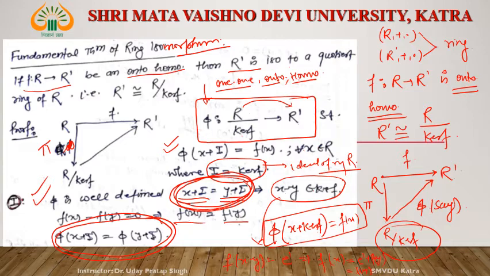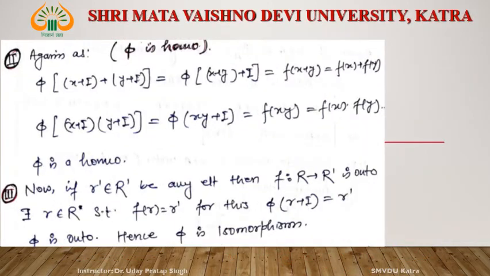Okay. Next, this phi is a homomorphism. What is the definition of homomorphism? Phi of x plus y is equal to phi of x plus phi of y, something of this type. But what is phi?